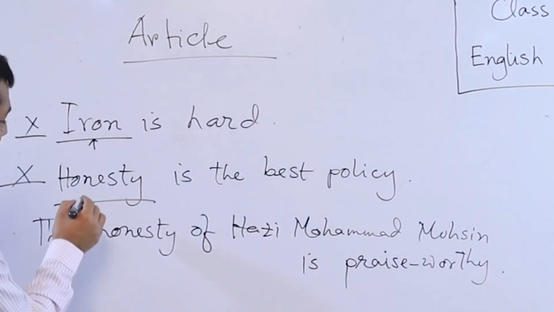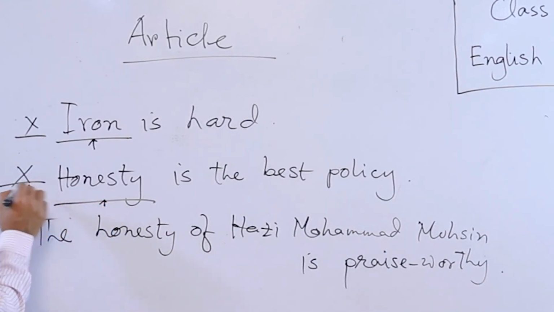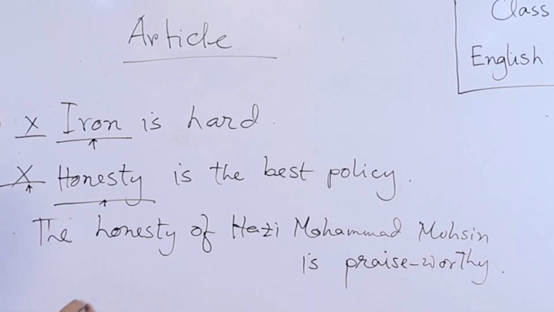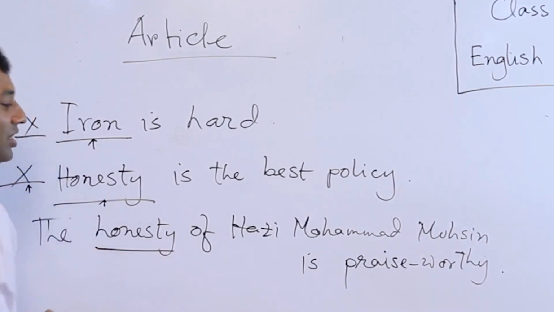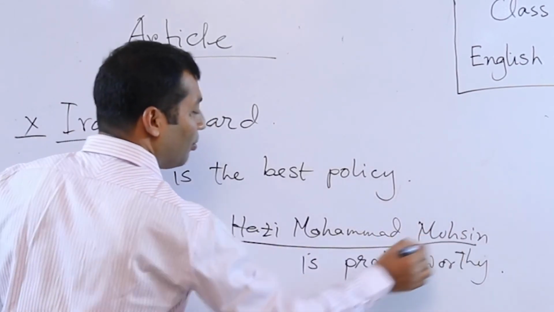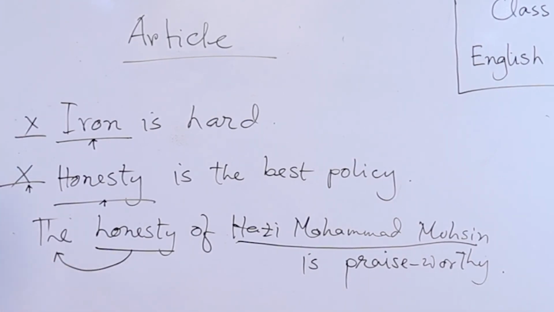So look at here. In the earlier case, we do not need to use the article the before it because it is commonly known as the abstract noun. But when this abstract noun has been used as the definite one, the honesty of whom? The honesty of Haji Muhammad Mohsin, of a particular person, then you need to use the article the before it. So the honesty of Haji Muhammad Mohsin is praiseworthy.